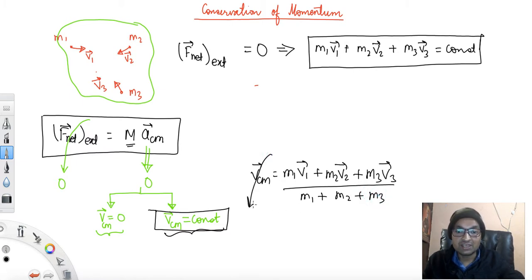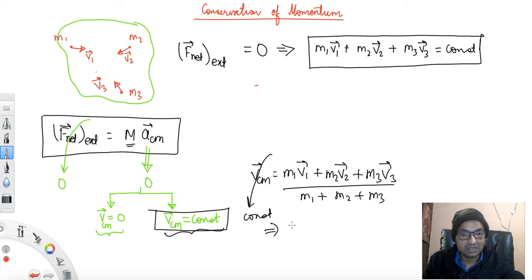And now if V_CM is constant from the second case, then we can surely say that m1 v1 plus m2 v2 plus m3 v3 is going to remain constant, because a constant times the mass of the system will be constant.